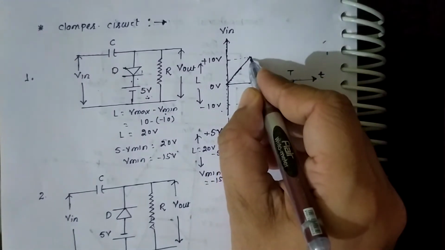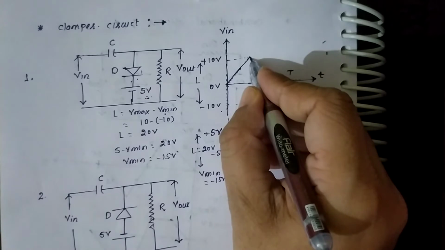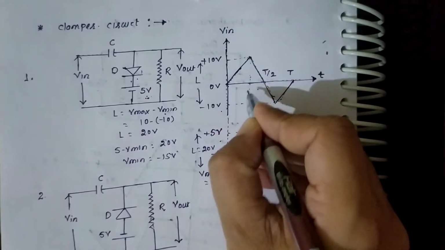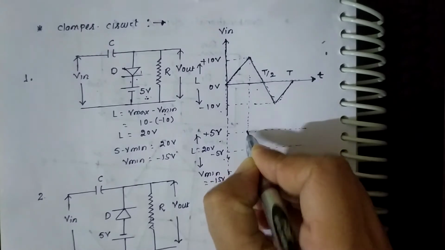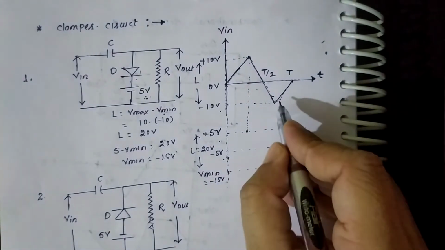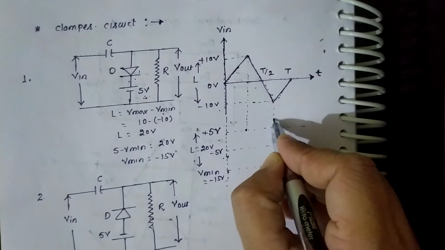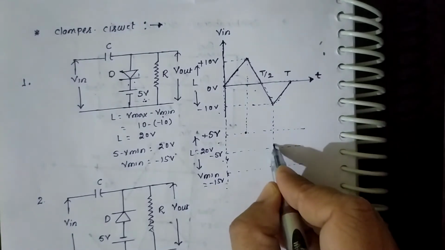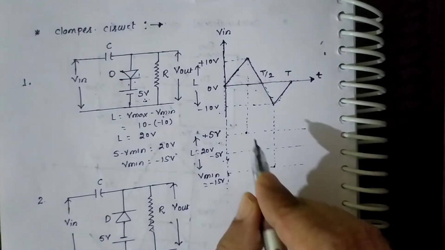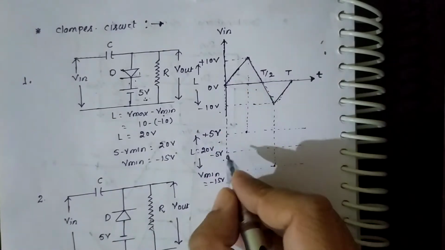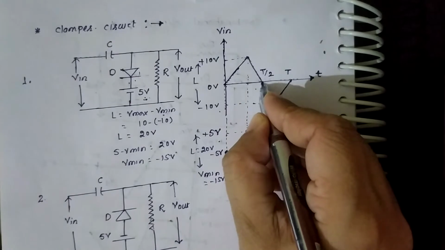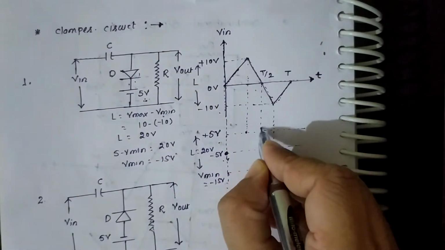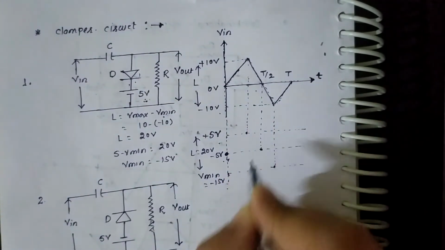The top point of the input will remain at the top of the output. So this 10 will go to this plus 5. This minus 10 in the output will go to minus 15. And this 0 point is shifted to minus 5. This 0 also is shifted to minus 5.